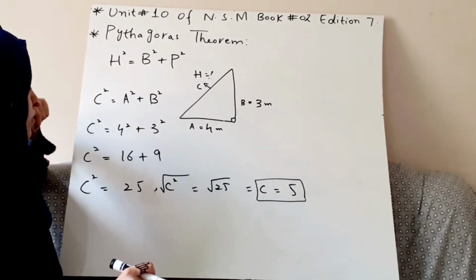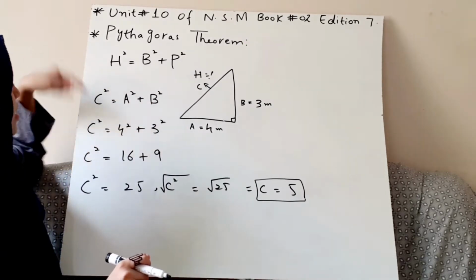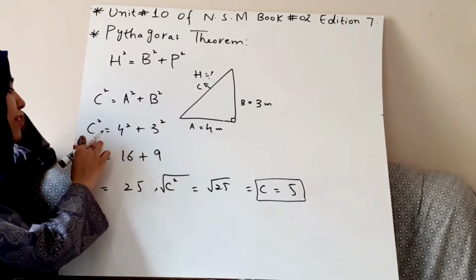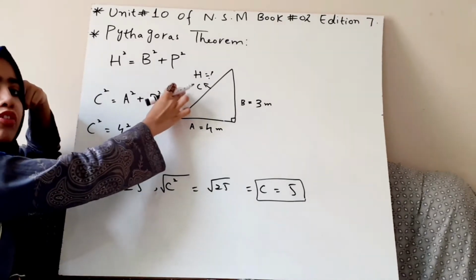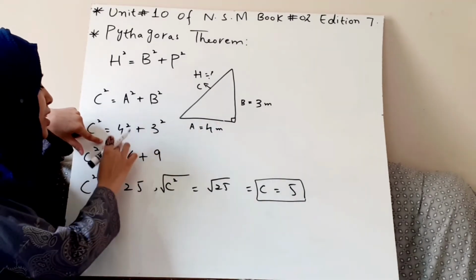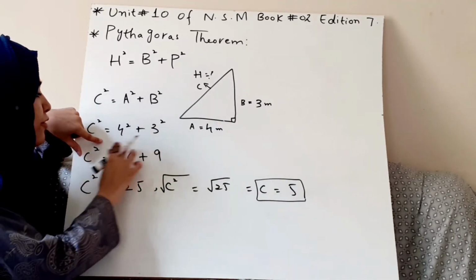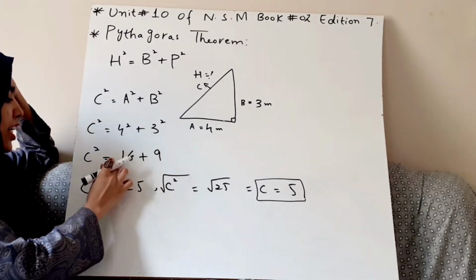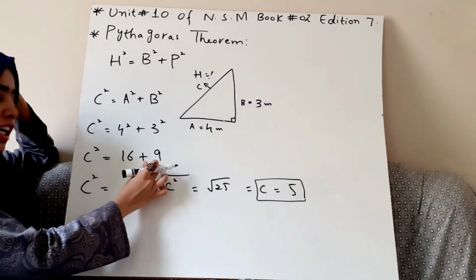So how will we find this? C square equals A square plus B square. C square will be the same, which is hypotenuse. We have to find it; we are given A and this B. We just put in the values of A and B, like 4 square plus 3 square. After simplifying it, it will be 16 and 9.